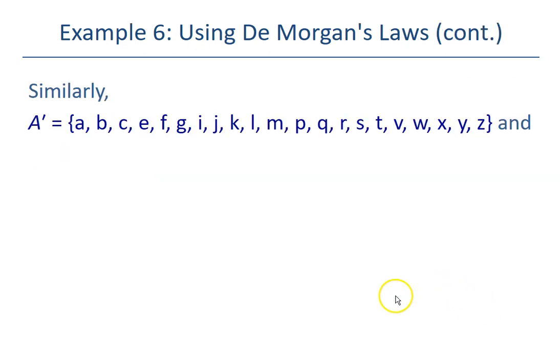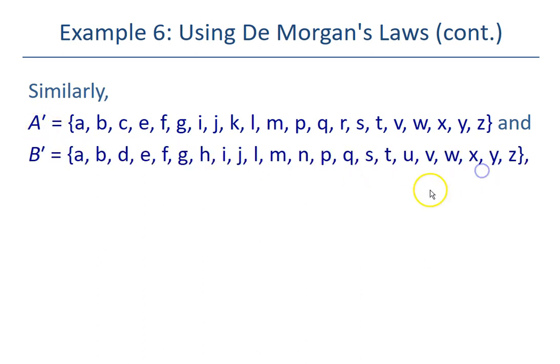Now, similarly, when we take the complement of A, as we see here, which are these letters, and the complement of B. Now remember, we're removing those letters from the universe that are in A, and we get this. That's what A complement is.